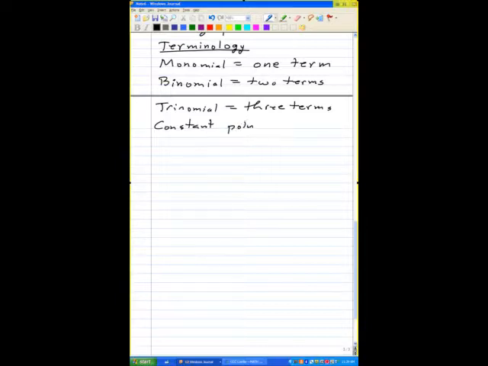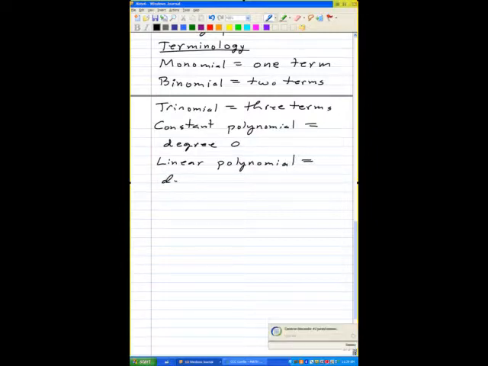A constant polynomial is one that has degree 0. A linear polynomial is one that has degree 1.